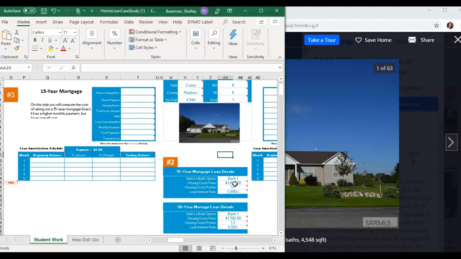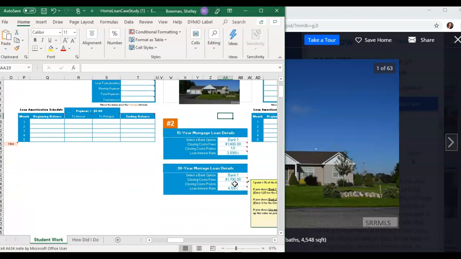there. The next thing is to go through the mortgage details. You can pick a bank here, Bank 1 or Bank 2, or you can use details from your own bank if that's more applicable to you.